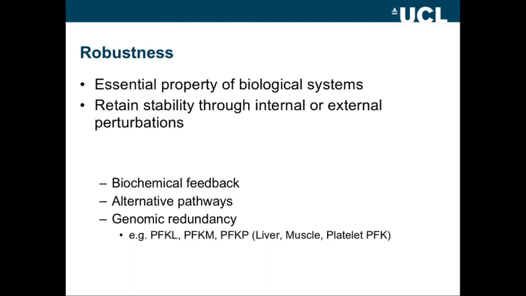So for example, with phosphofructokinase, we have the liver, muscle and platelet versions of phosphofructokinase, and often if one of those is removed, then another one can take over that role, maybe not quite as effectively, but can still fulfill the need.